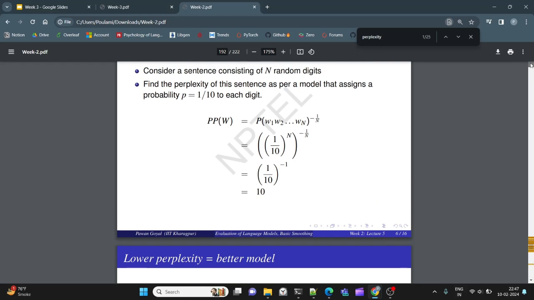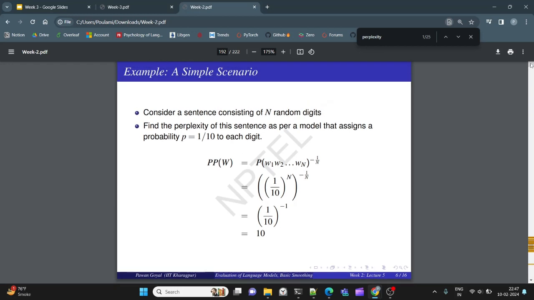Here we observe this is similar to the question that we had. We have n random digits, and we are trying to find the perplexity of a sentence as per a model that assigns a probability of 1 by 10 to each digit.